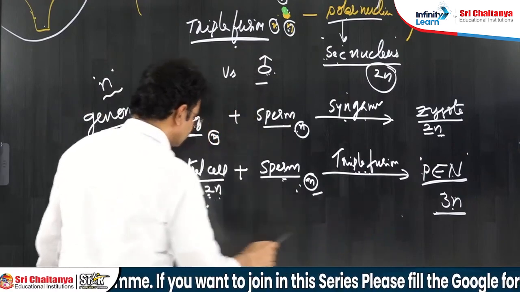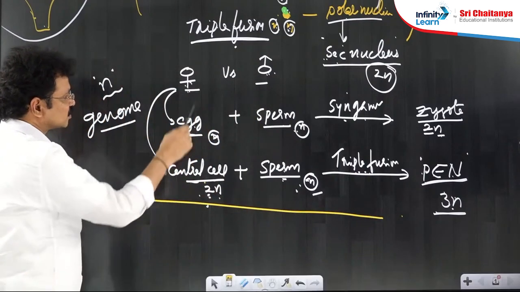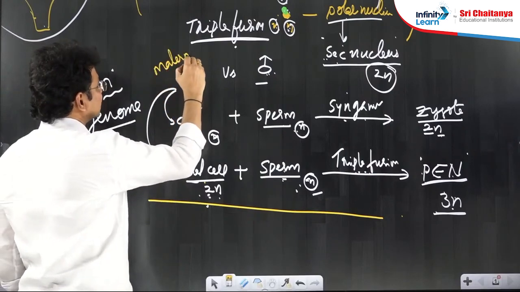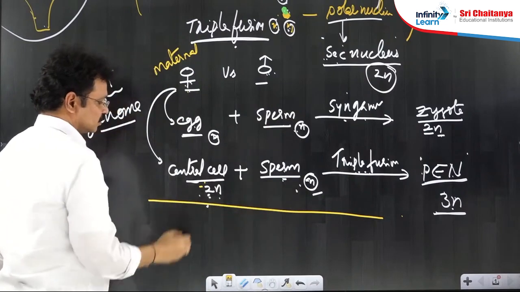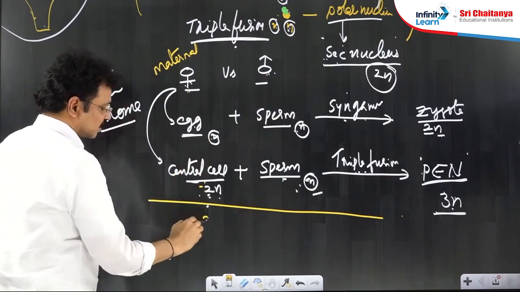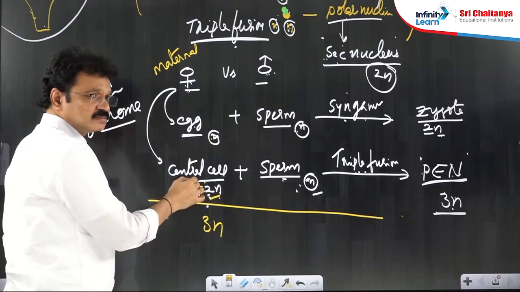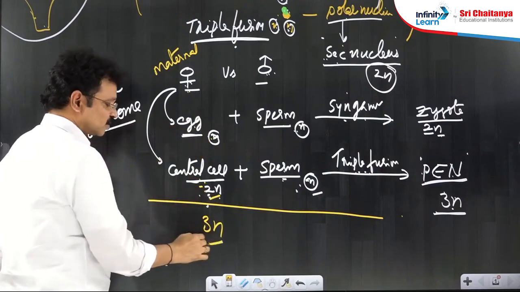Finally, we can conclude: in total, how many maternal genomes are required for double fertilization? 2 plus 1, 3 genomes. 2 from the central cell, 1 from the egg cell, total 3 genomes.